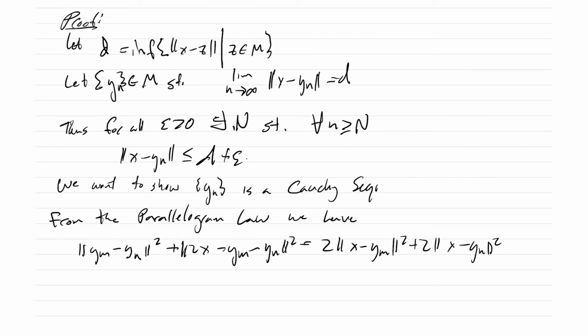So basically what we're doing is we have these two vectors x - y_n, x - y_m, and then the other side is going to be the difference of these two, the difference in the sum of these guys.